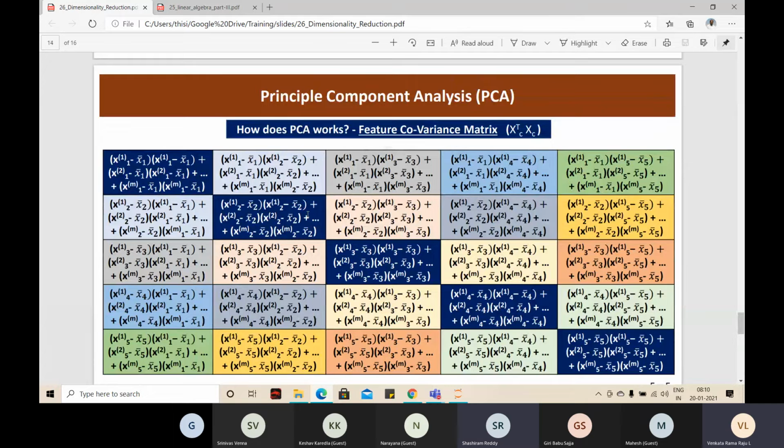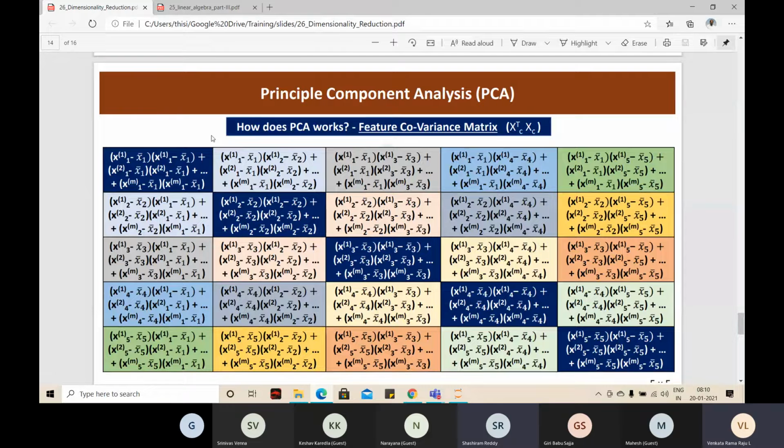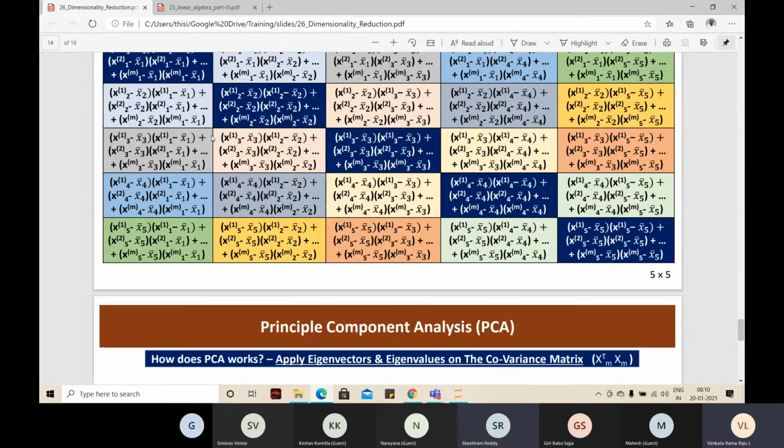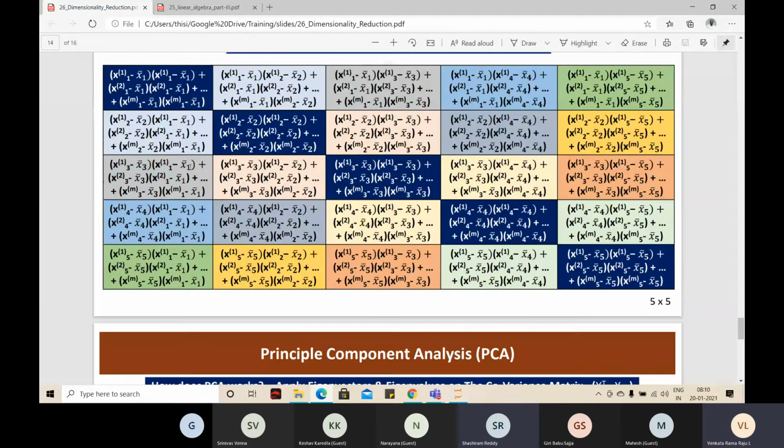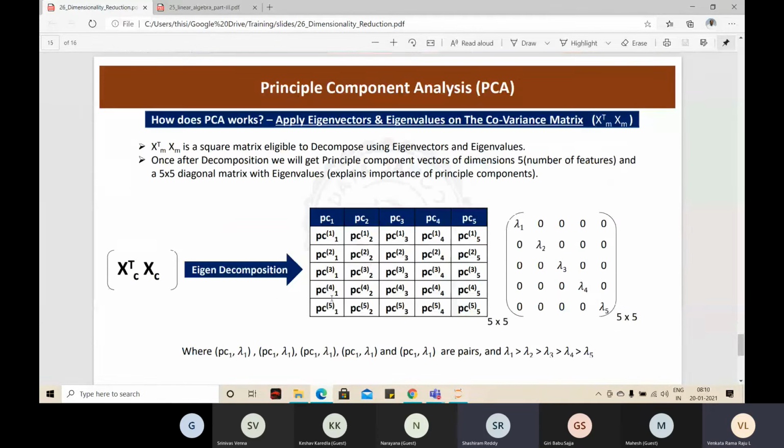Our goal is to extract the covariance from the data set, so there should be a way to find out the essence of covariance from the data. So we took the covariance matrix and then found out the essence. Using this essence, we are converting our data.